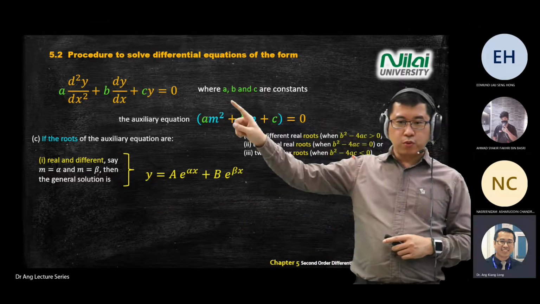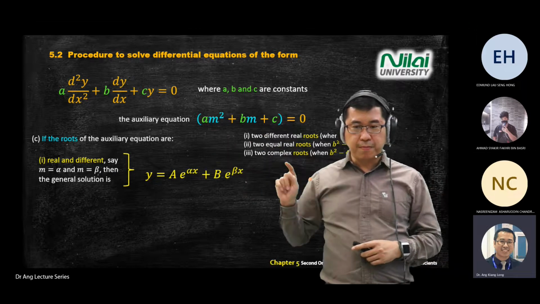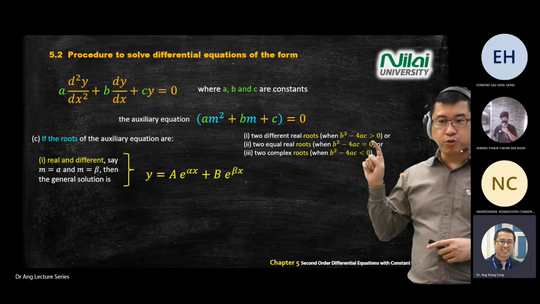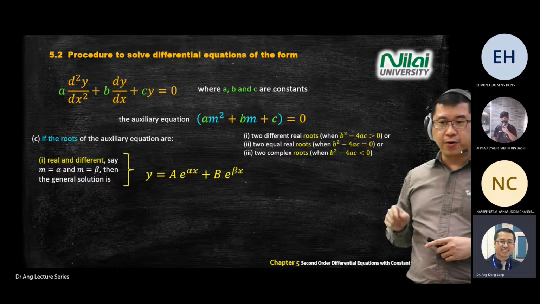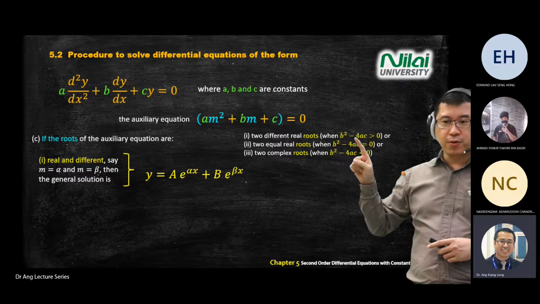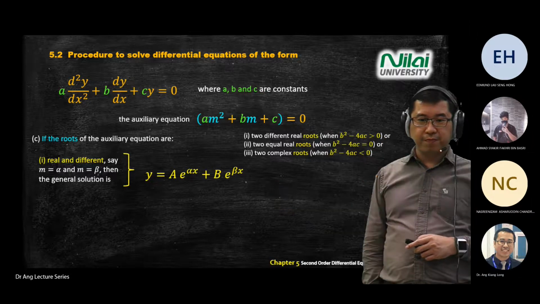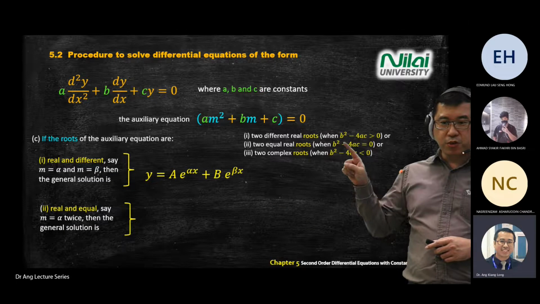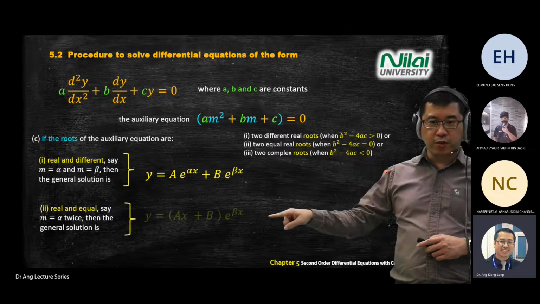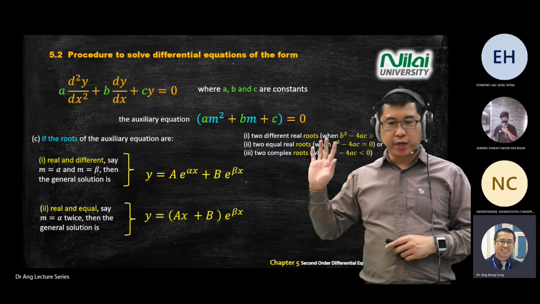After you write it in the quadratic equation form, you do the analysis and check which category it falls in. If b squared minus 4ac is more than 0, you use this equation. If b squared minus 4ac equals 0, you use this equation.